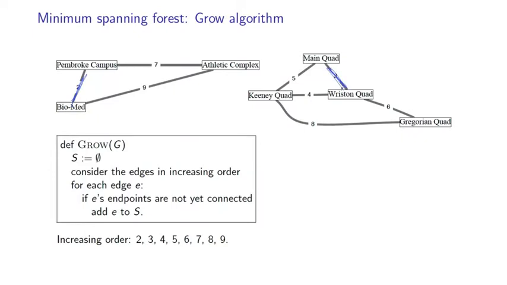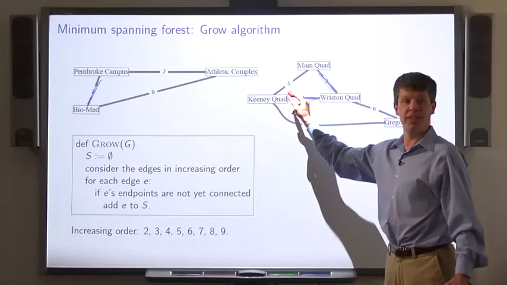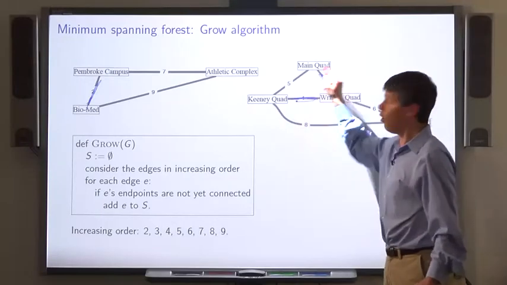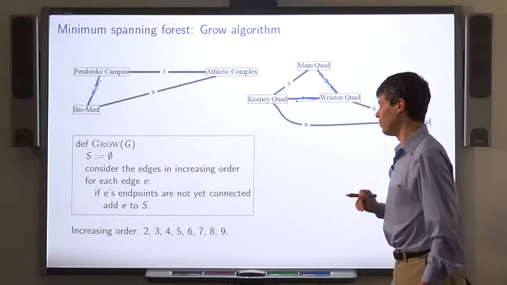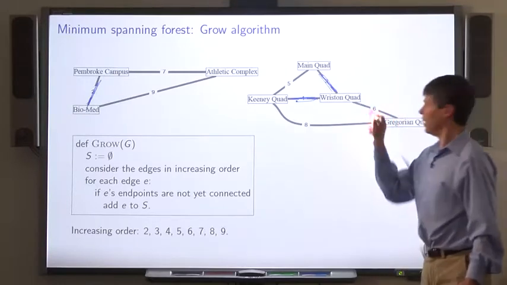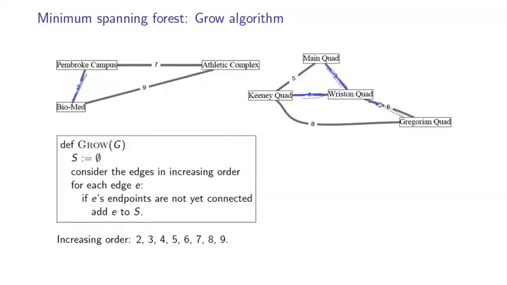Next is 4. Its endpoints are not connected, so we add that edge. 5. Oh, now the endpoints of the edge with weight 5 are already connected using edges we've selected. So we skip 5. Moving on to 6. Its endpoints are not connected, so we add that edge in. 7. Its endpoints are not yet connected, so we add that edge.